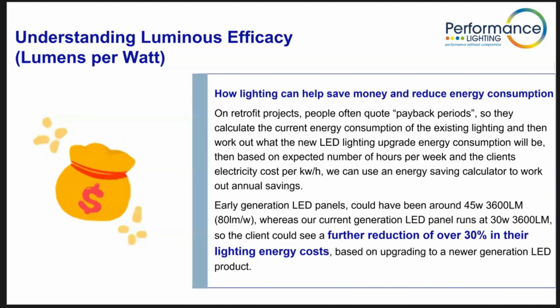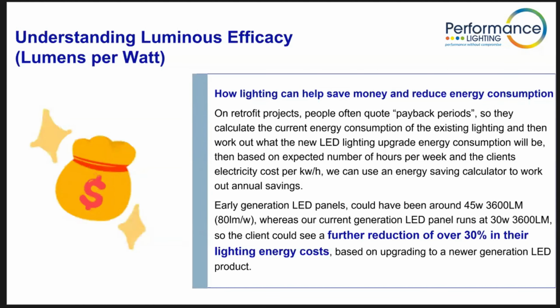Just thinking about the first generation of LED, as I mentioned earlier, it might have been 80, 90 lumens per watt. Picking on LED panels because it's easy to talk about, the early generation LED panels would maybe have been around 45 watts, 3,600 lumens to replace the 4 by 18 watt fluorescent, whereas our current generation of LED panel runs at 30 watts, 3,600 lumens.